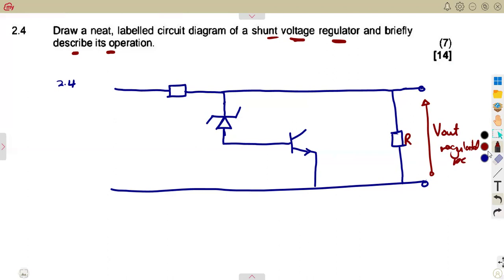In this case, at the input, this is the unregulated output of a rectifier that you're going to have here. So this part is the unregulated output from the rectifier.